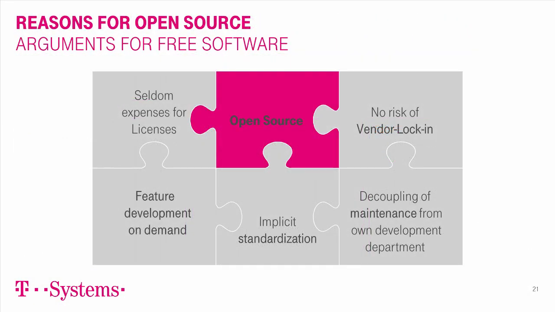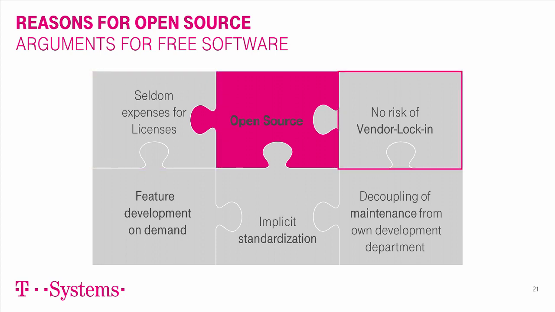Let me summarize the reasons for open source software. First of all, and very obvious, there is seldom a fee for the licenses themselves. This does not mean that open source is free of cost at all from an operational point of view, but at least you can spend the money to do the actual development.